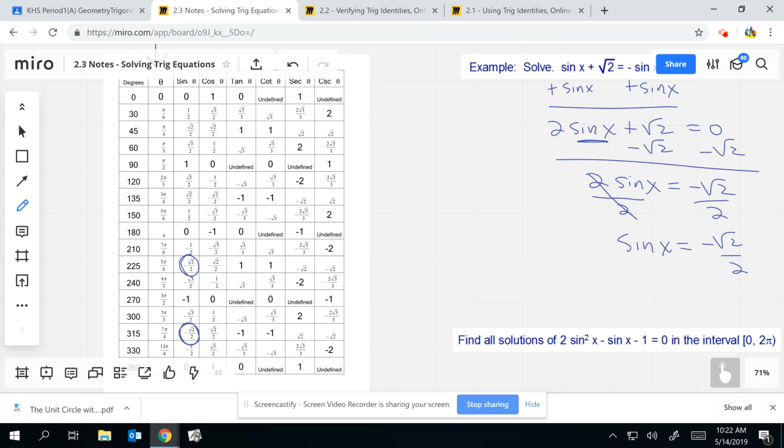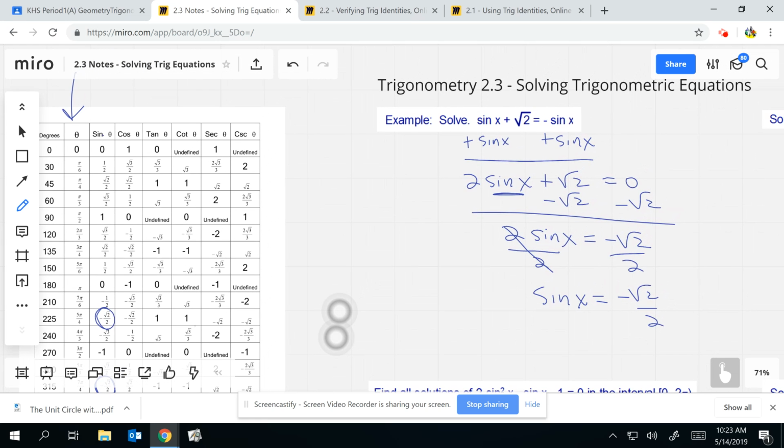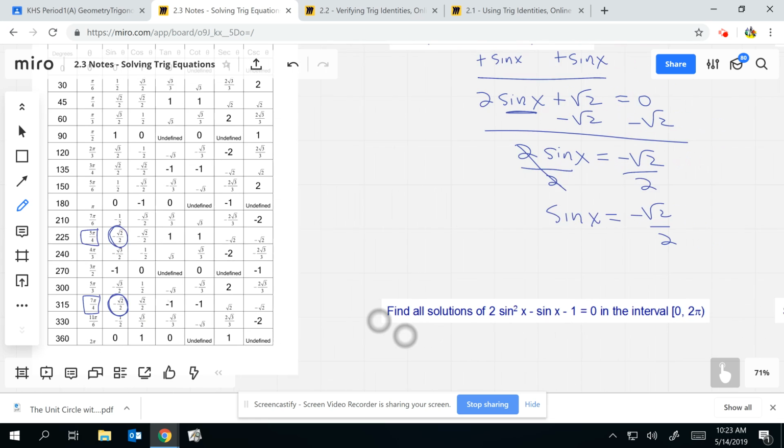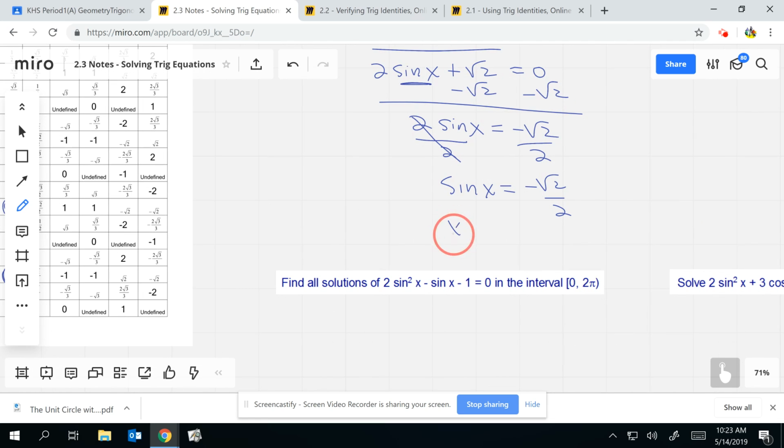In this case, one of your answers is 5 pi over 4. And another answer is 7 pi over 4. So you would go x equals 5 pi over 4.